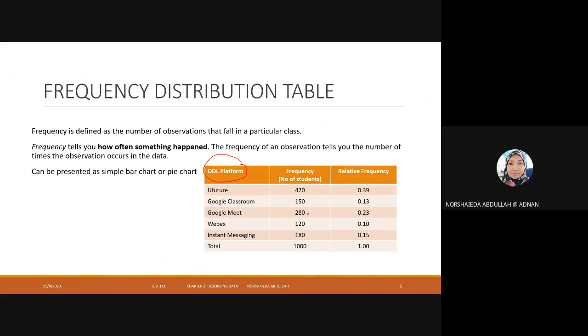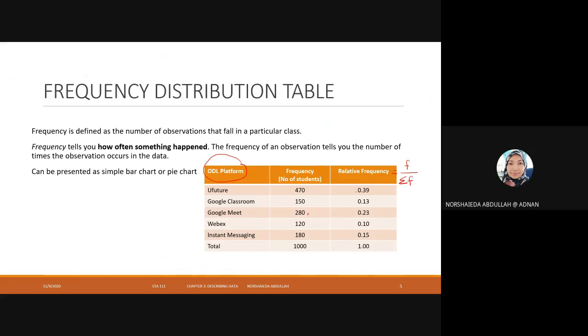From frequency, we can also calculate the relative frequency. Relative frequency is equal to the frequency for that category over the total frequency.